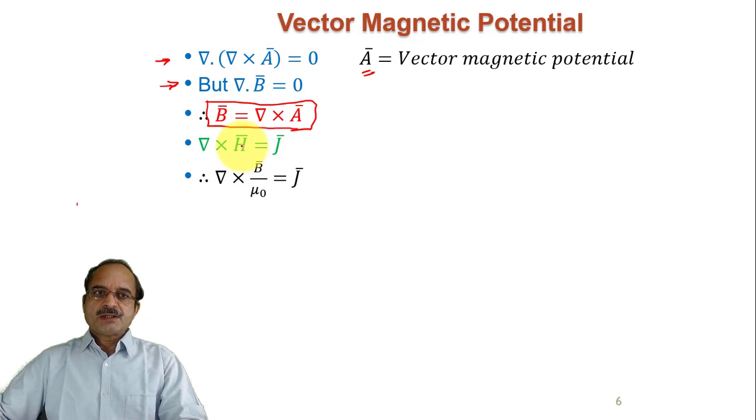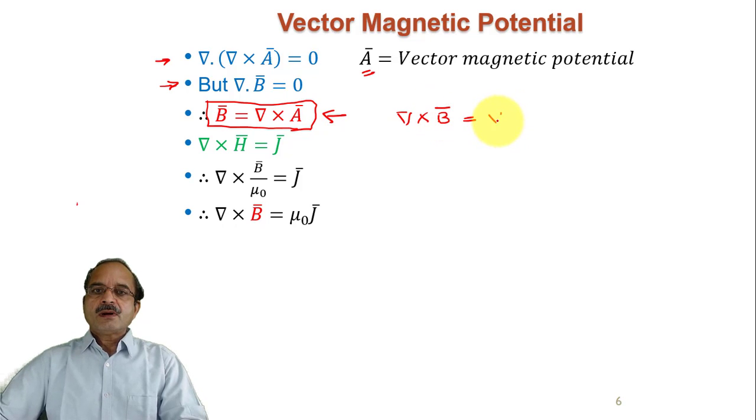So substituting for H as B upon mu 0, we can express this equation in terms of B. So this gives us del cross B equal to mu 0 J. Now, taking curl of this equation on both sides, this gives me del cross B, that is curl of B, as del cross del cross A. Now del cross B is nothing but mu 0 J. So for this del cross B, we can substitute this del cross A here.